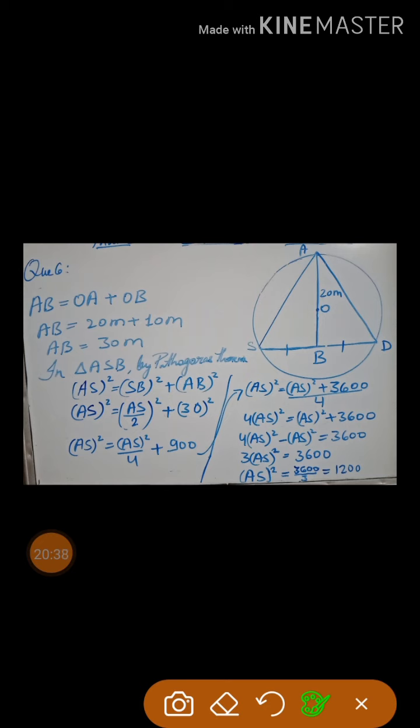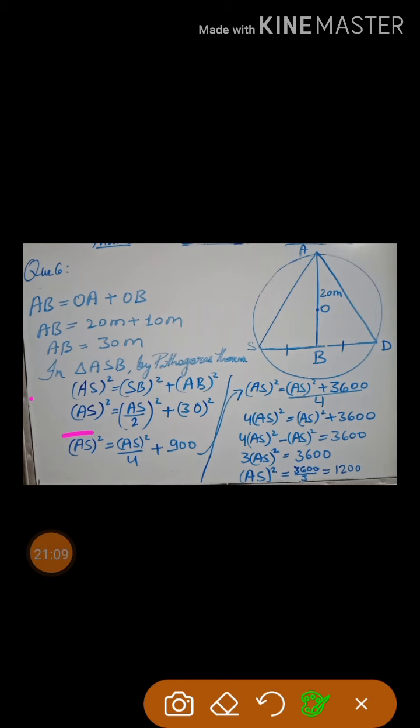Now take triangle ASB, this triangle, it is a right triangle. So by Pythagoras theorem we can say that AS square, the hypotenuse square, is equal to base square plus perpendicular square. We don't know the length of AS, and SB, in the first equation we wrote that SB is equal to AS by 2.